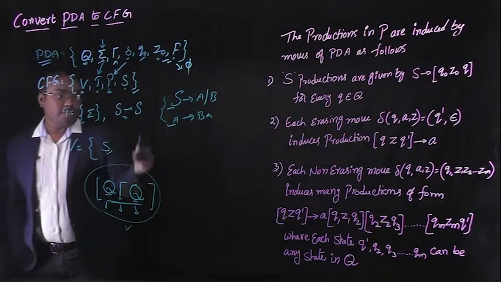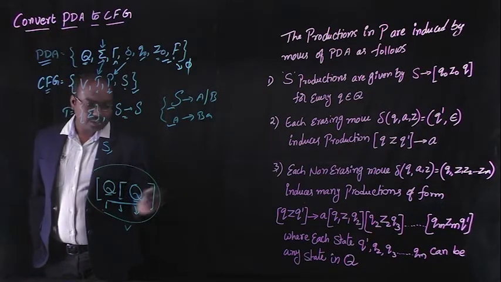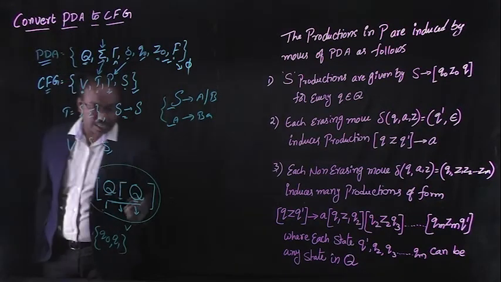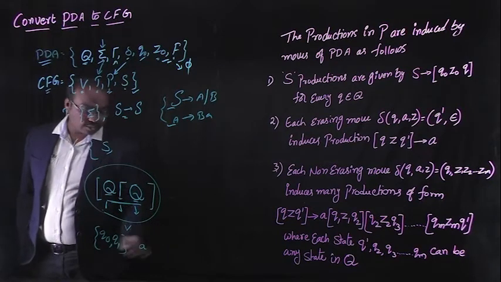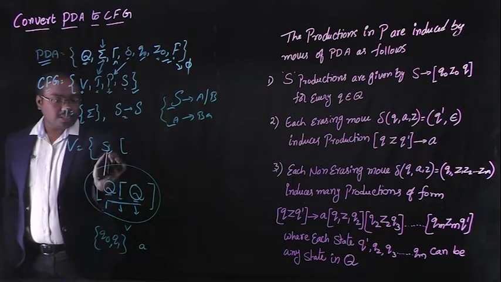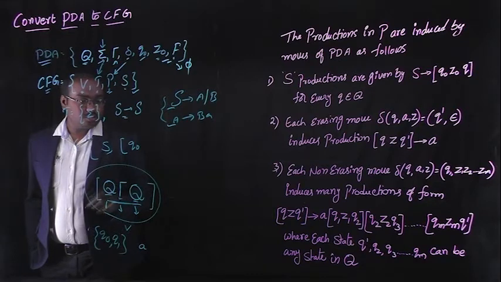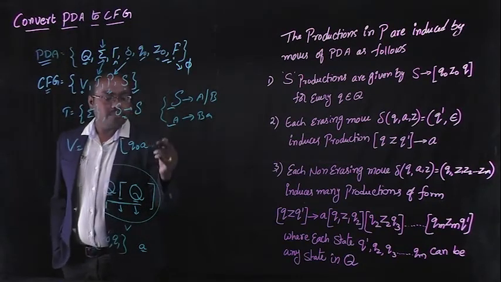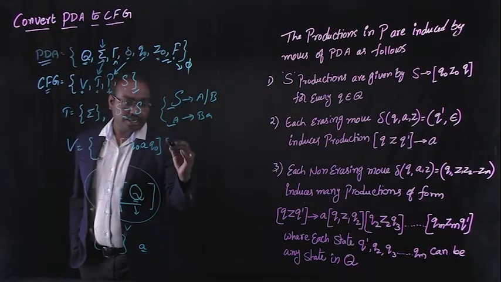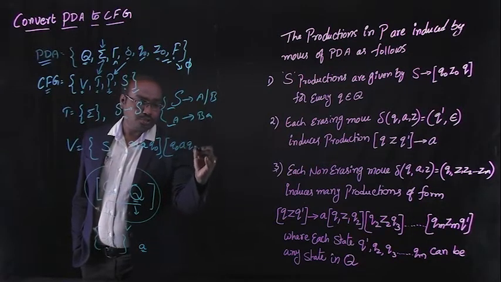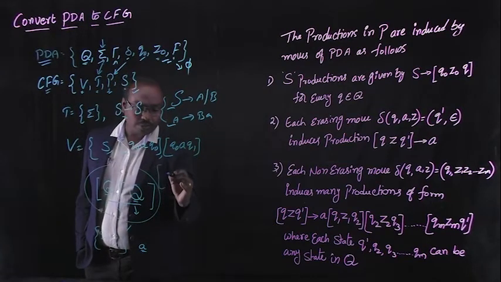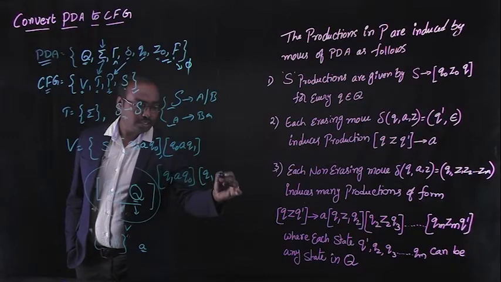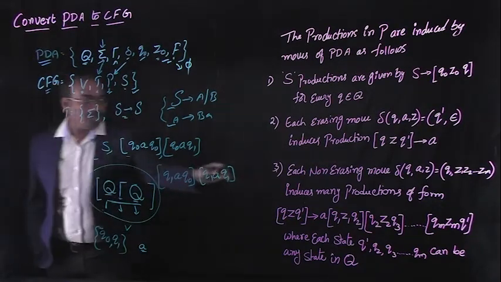So how can we form the remaining variables for any PDA machine? For example, if the machine has 2 states, Q0 and Q1, and the stack symbol is A, then how do we write the variables?